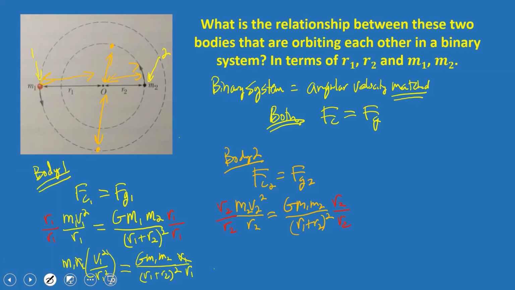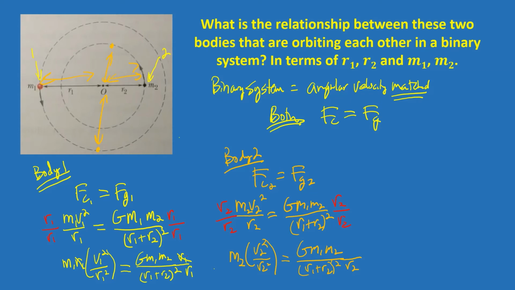Okay, and so for this guy, the analogous, right, and I'm not going to go through all the steps, but it's going to be M2 V2 squared over R2 squared will be equal to G M1 M2 over R1 plus R2 squared over R2 in this case.